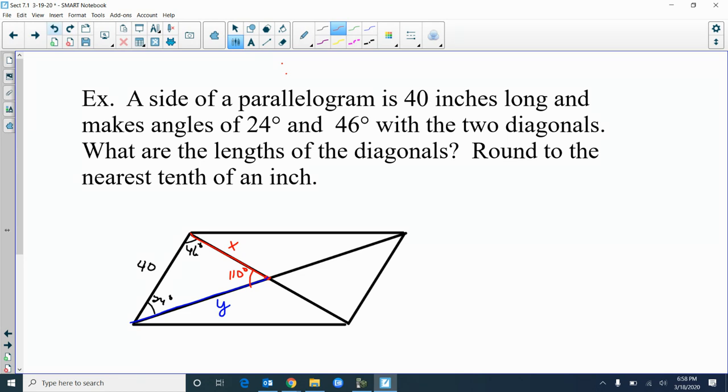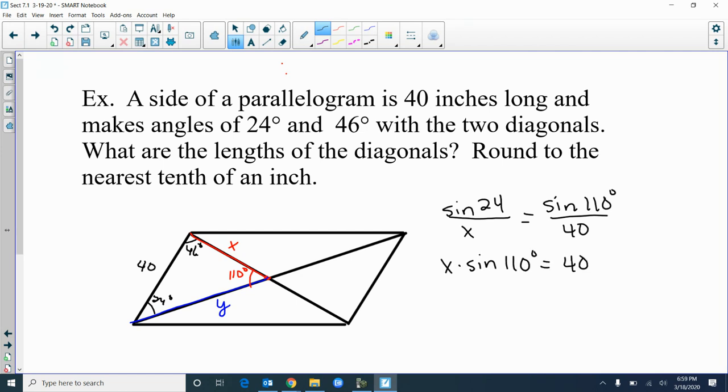That's 110 degrees. So to find X, I'm going to say sine of 24 degrees over X equals the sine of 110 degrees over 40. And then X times sine of 110 equals 40 times the sine of 24, divide by sine of 110.